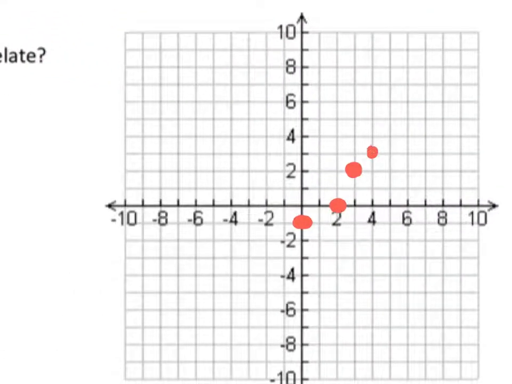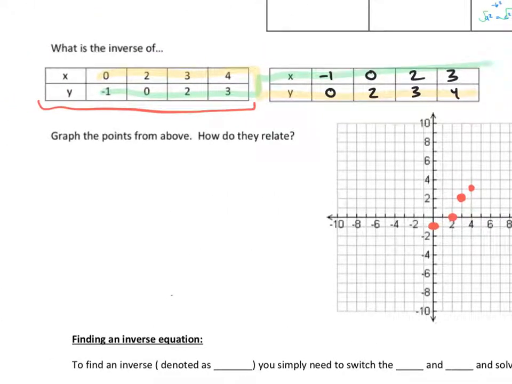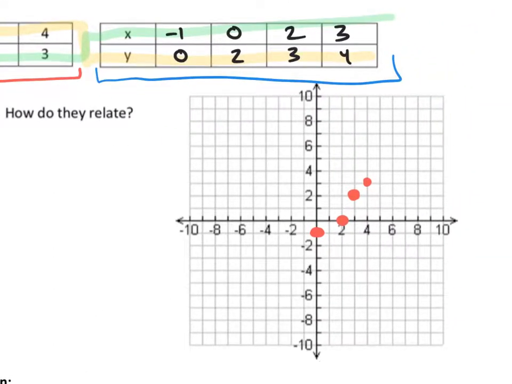We get some different points there for us to see. Let's now graph this one in blue, which was the inverse. So it's (-1, 0), (0, 2), (2, 3), and (3, 4).